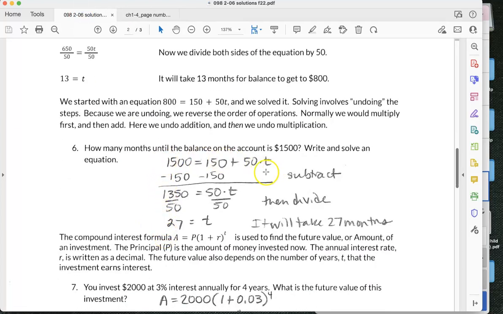So there's my equation. I subtracted 150 on both sides. 1350 is equal to 50 times t. And then I divide both sides. And 1350 divided by 50 gives me 27. So it will take 27 months, over 2 years.